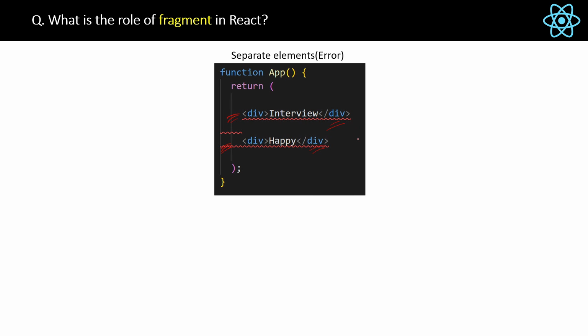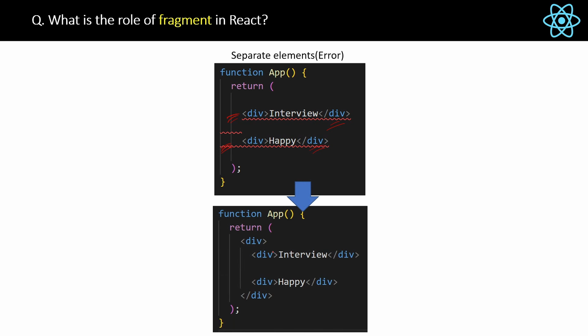Now one solution to this is to put one extra div as the root element like this. Now you will not get any error and it will work completely fine. But this is not a recommended solution, because maybe the layout of the page will be impacted by this extra div. That's the problem with this.